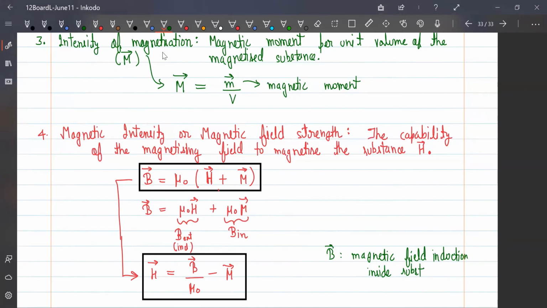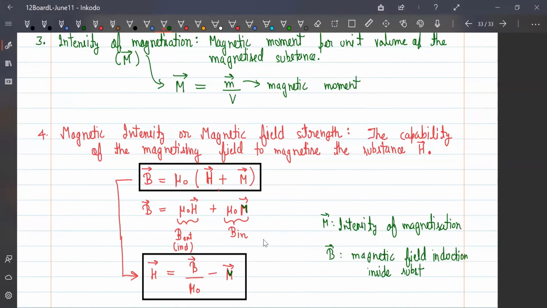Here, third वाले definitions. और fourth वाले में भी same ही चीज है. M is intensity of magnetization जो अंदर magnetic dipoles है उन पे depend करती है.